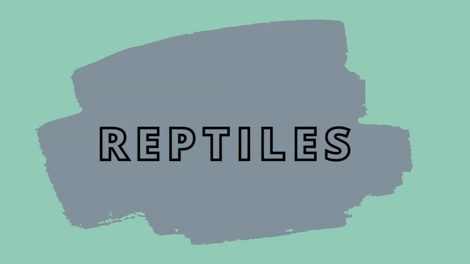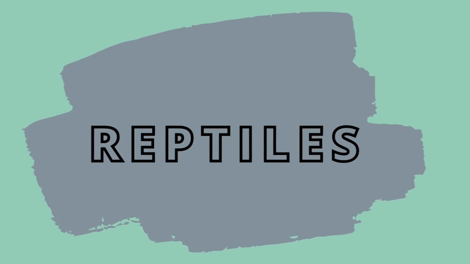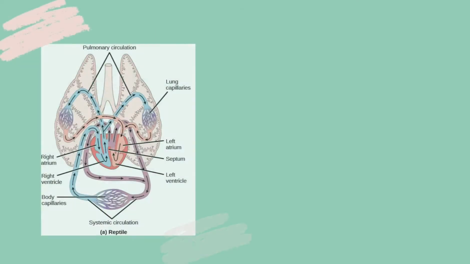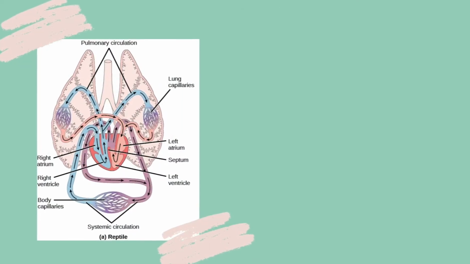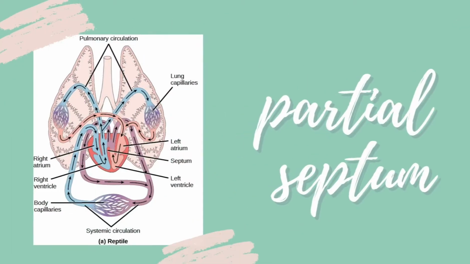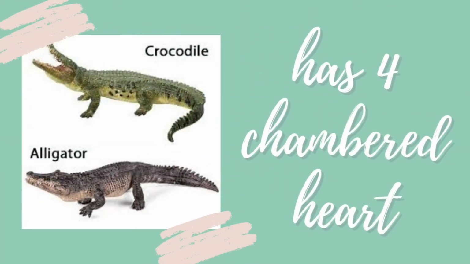Most reptiles also have a three-chambered heart similar to the amphibian heart that directs blood to the pulmonary and systemic circuits, as shown in the figure. The ventricle is divided more effectively by a partial septum, which results in less mixing of oxygenated and deoxygenated blood. Some reptiles, such as alligators and crocodiles, are the most primitive animals to exhibit a four-chambered heart.